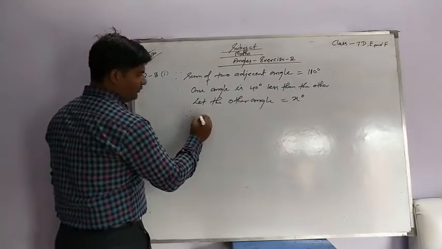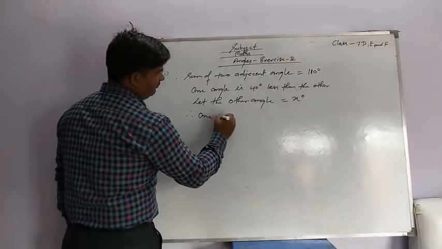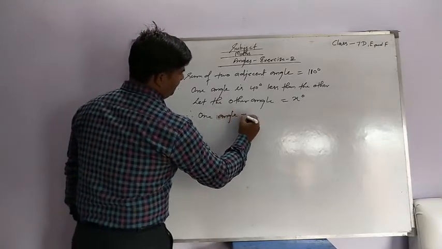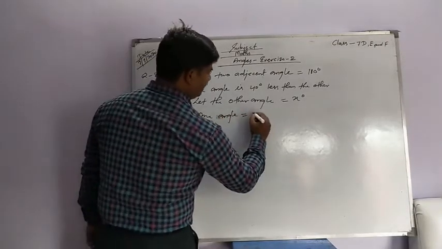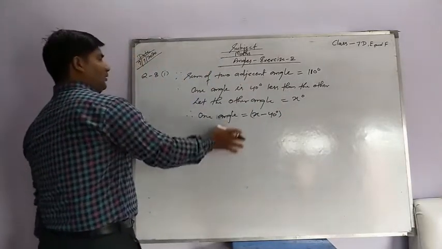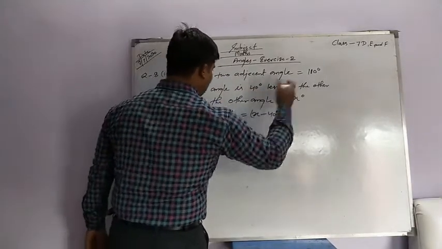So therefore one angle is equal to x minus 40 degrees, because one angle is 40 degrees less than the other angle.